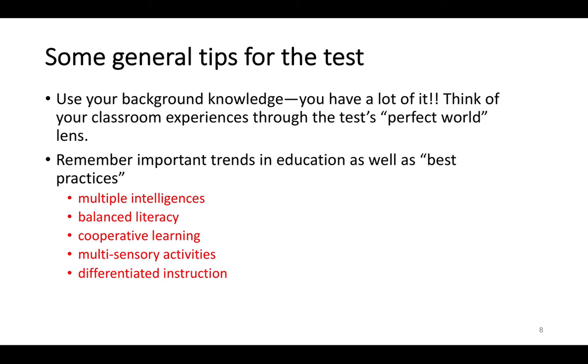And if they are, I cannot ignore that detail. So when we differentiate in ESL and for this test, what you really need to focus on is the level of English proficiency. That is much more important to answering the questions correctly than something like grade level or age.